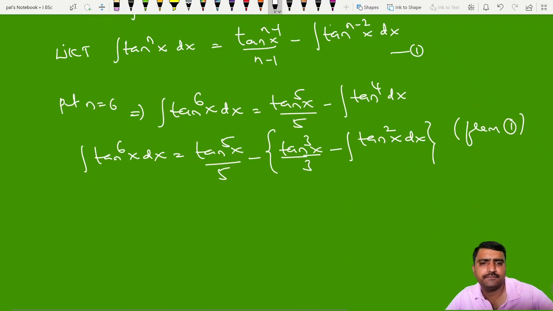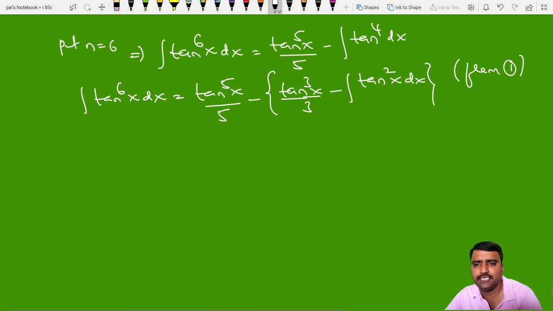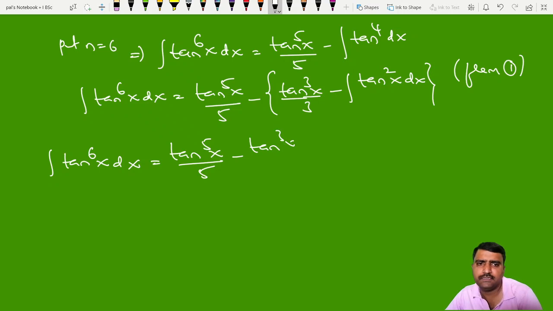So again, integration of tan to the power 6x dx is equal to tan to the power 5x by 5 minus tan to the power 3x by 3 minus of minus plus integration of tan to the power 2x dx.